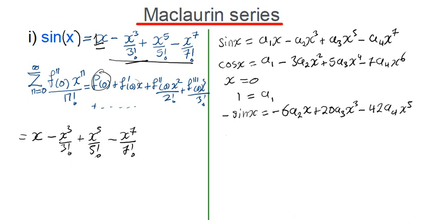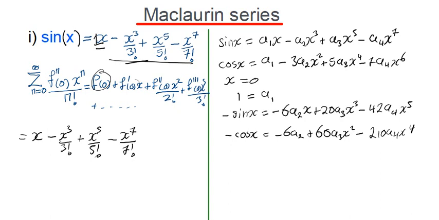So this is just going to be minus cos x equals, so differentiating that, we get minus 6a2 plus 20 times 3, we get 60a3 x squared, minus, here differentiating that, 42 times 5, we get 210a4 x to the fourth.